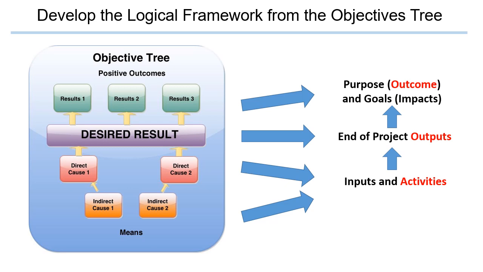And the purpose or outcome and the goals or impacts of the extension beyond the project boundary is equivalent to the results, both direct and indirect, that come from the objectives tree.